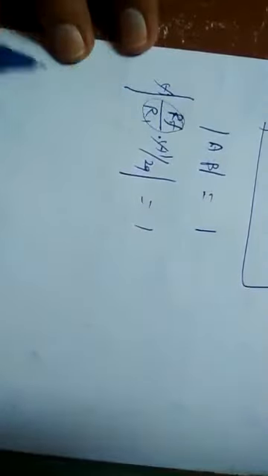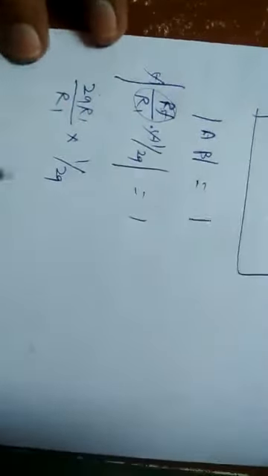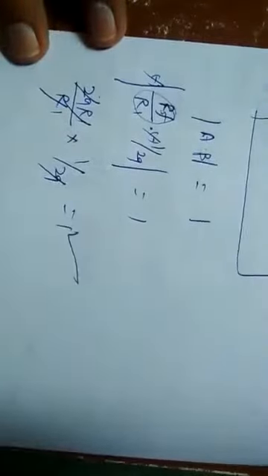Both will have minus, and the minus will cancel, so absolute value. So here for RF and R1 we have found an expression, that is RF equals 29 R1. If we choose RF equal to 29 R1, then 29 R1 by R1 into 1 by 29. So R1 cancels, 29 cancels, this will be 1.